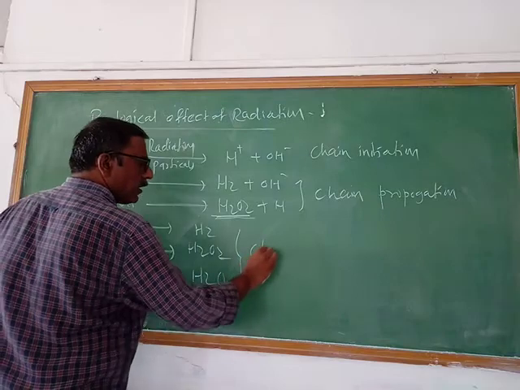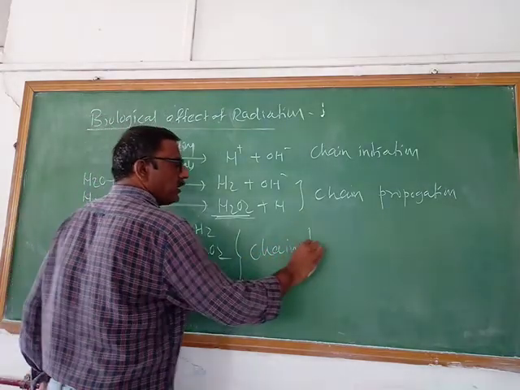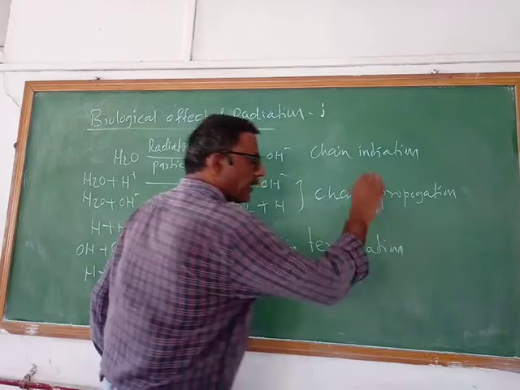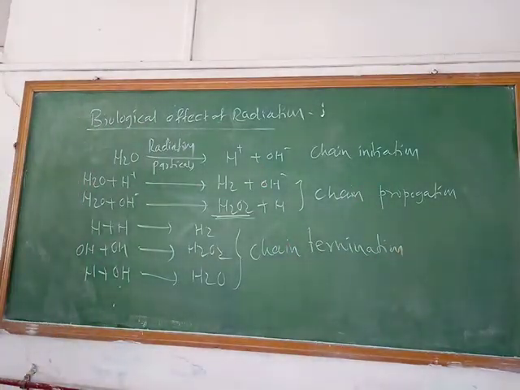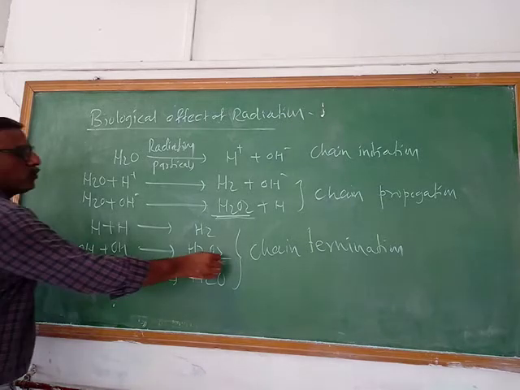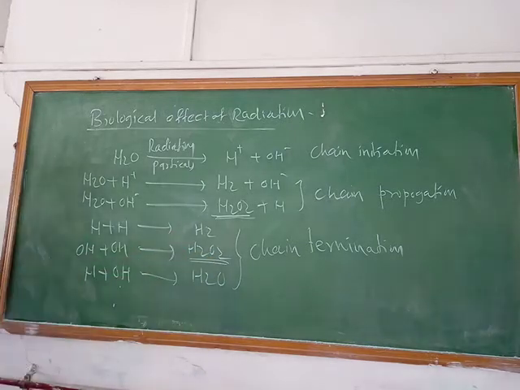That's what we are calling the chain termination reaction. These hydrogen peroxides produced by the peroxide destroy the function of cells, and those cells become dead.